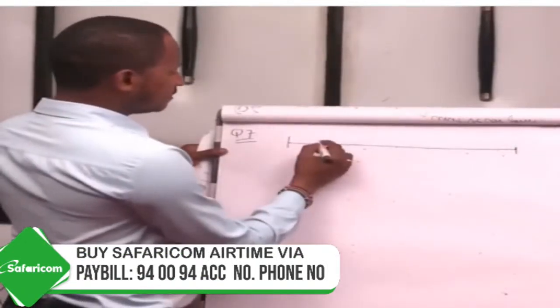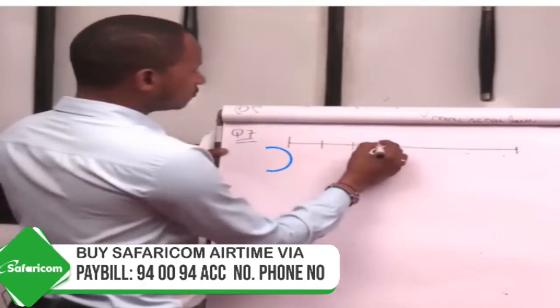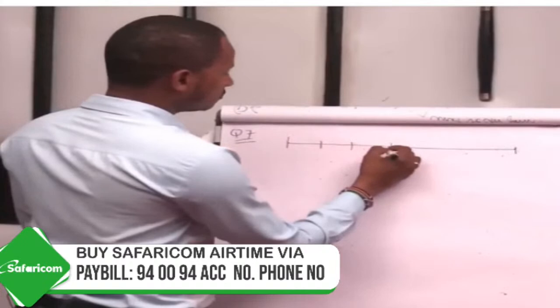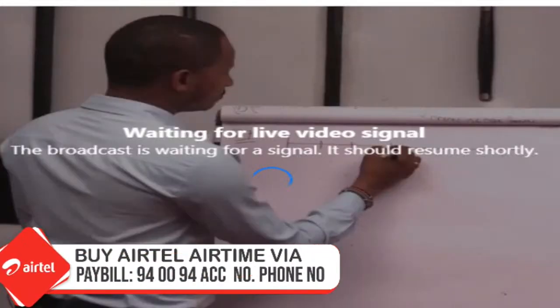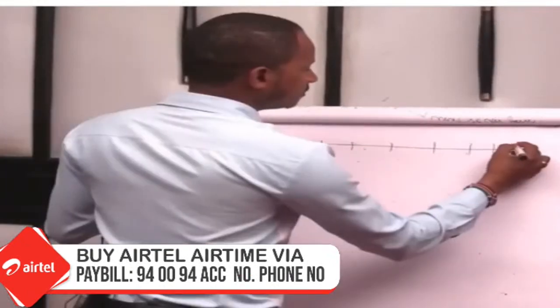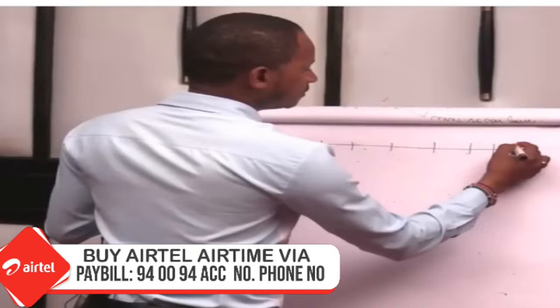So divide this in the ratio of 7: 1, 2, 3, 4, 5, 6, 7. So this is A.